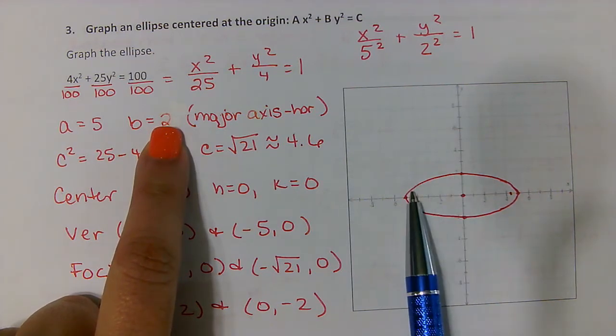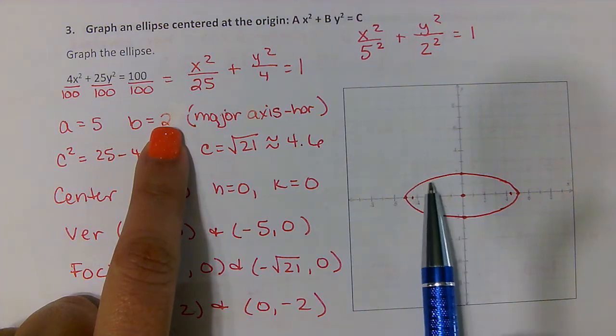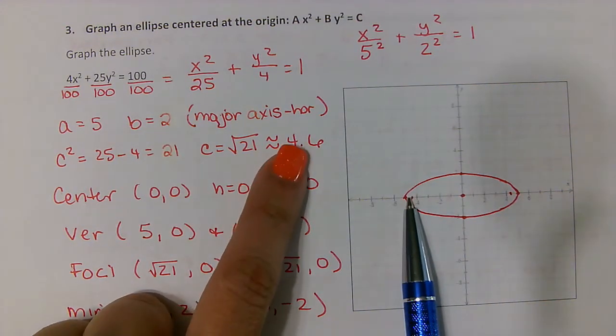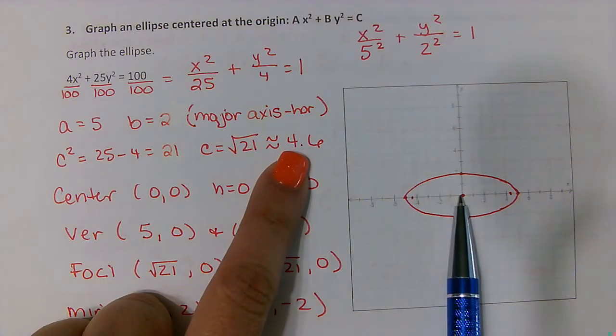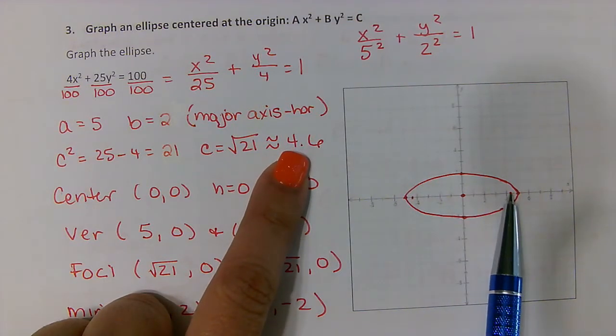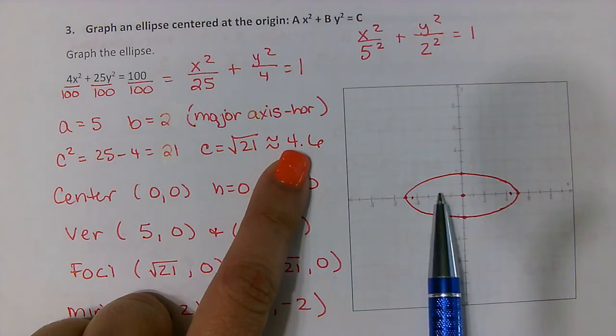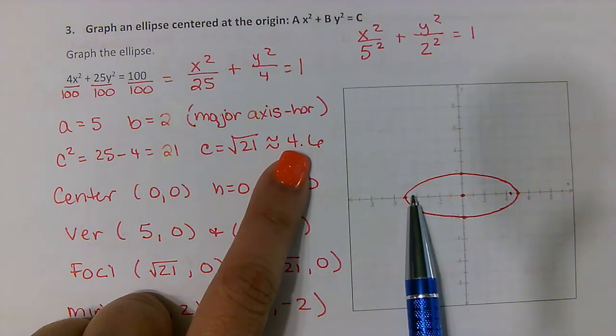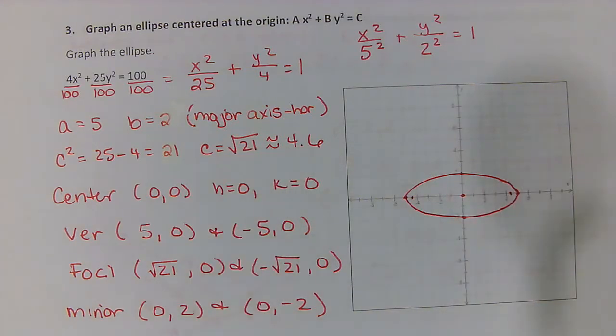Once you have those 4 main points, you can go ahead and graph your ellipse. The foci I used here is approximately 4.6, so I went 4 and then about halfway. Same thing going back, minus 4.6. Now you have your graph.